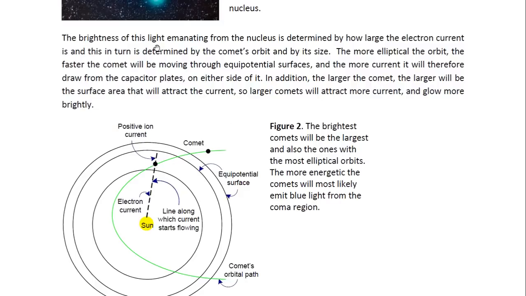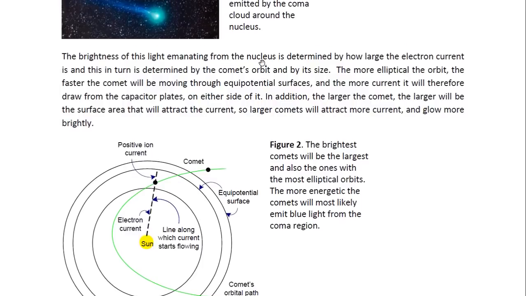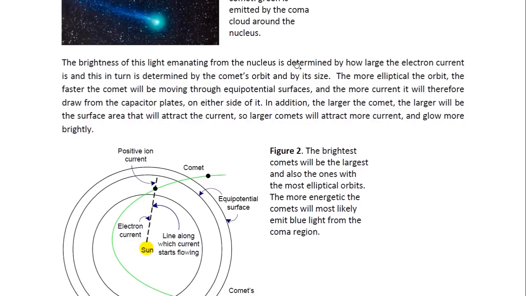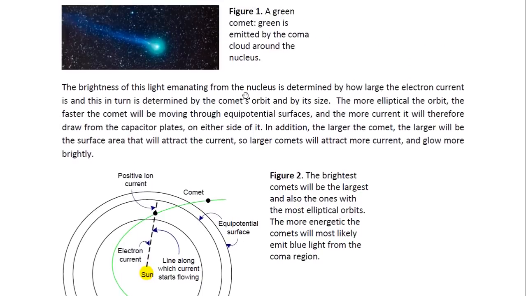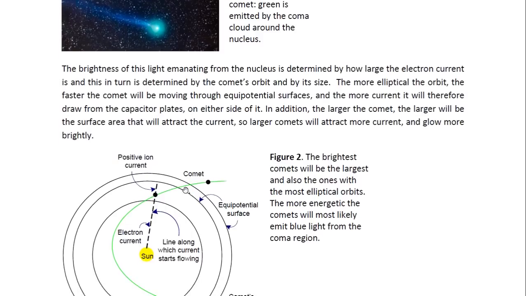Now, the brightness of this light emanating from the nucleus is determined by how large the electron current is, and this in turn is determined by the comet's orbit and by its size. So the more elliptical the orbit, the faster the comet will be moving through equipotential surfaces, and the more current it will therefore draw from the capacitor plates.